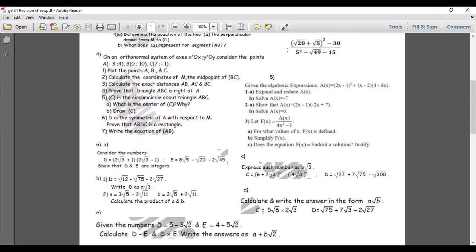Please, during these 2 days off, you should solve exercise number 4, which is an orthonormal system question, and exercise number 5, which is an algebraic expression question. So you have a homework, exercise number 4 and exercise number 5. Am I clear? These two exercises should be solved by all of the students.